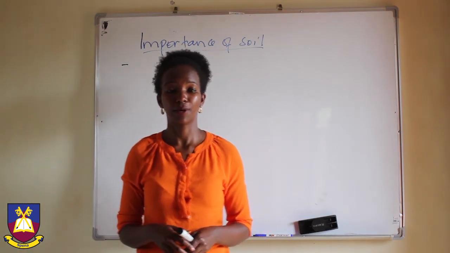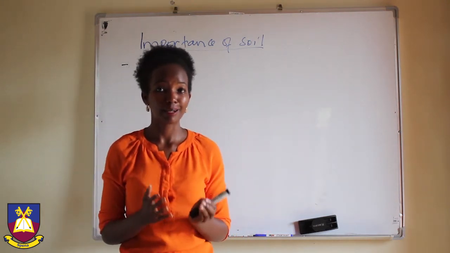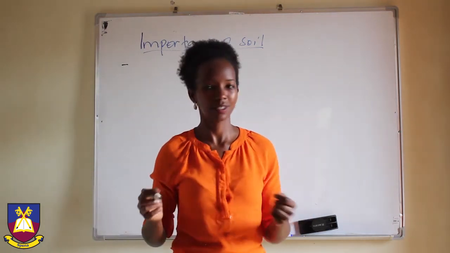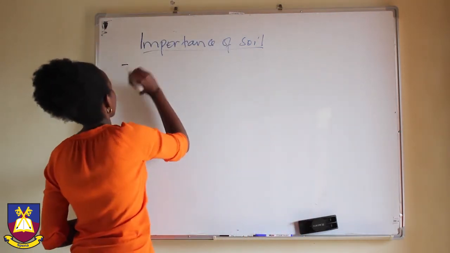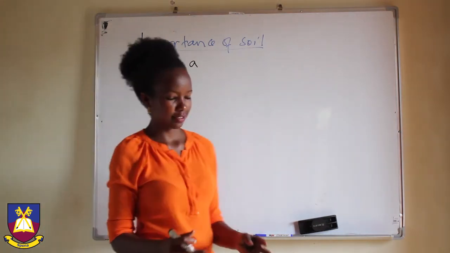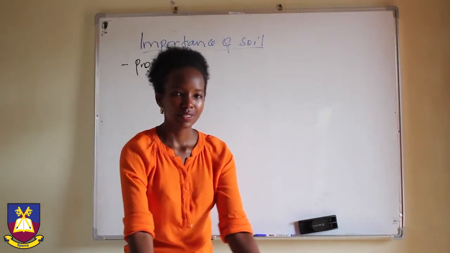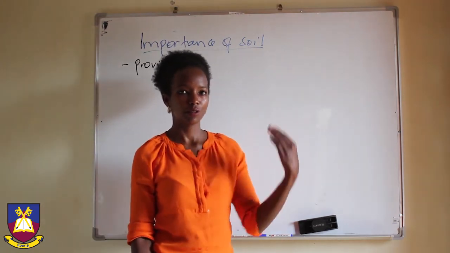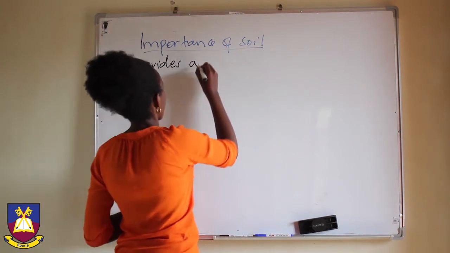So importance number one is that it provides anchorage to plant roots. Mushrooms too, which are fungi. Anchorage is like those things that the plant roots hold on to be able to support the rest of the plant body up.